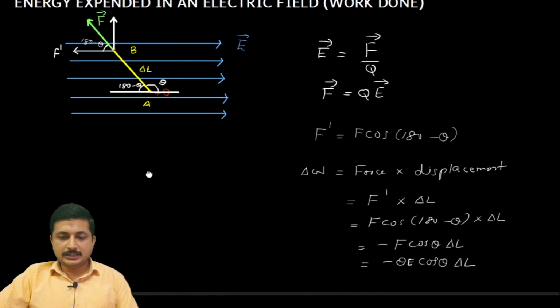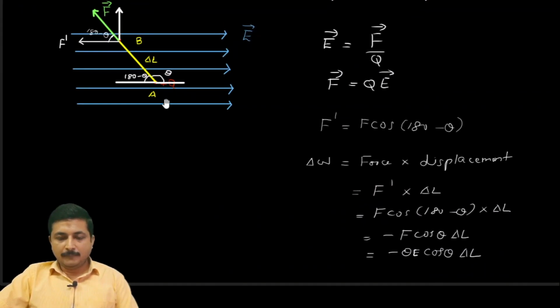Now looking at this, what is minus QE delta L cos theta? If you remember the definition of dot product, E dot delta L can be written as magnitude of E multiplied by magnitude of delta L and cosine of angle between them. Is it not? See here, this is my delta L and this is my E. So E dot delta L can be represented as E delta L cosine of angle between them.